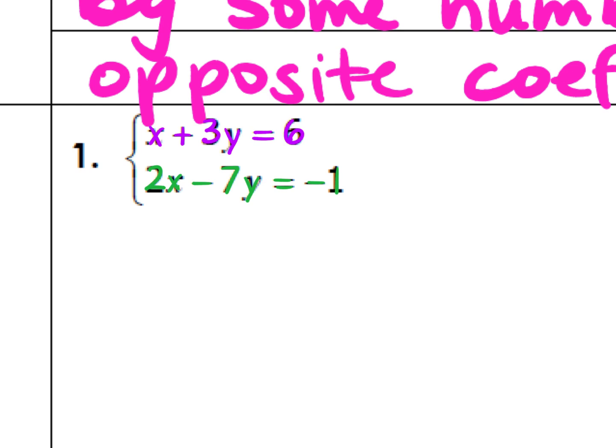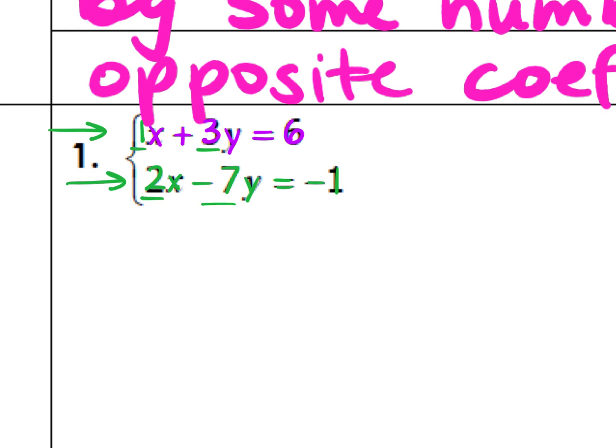Look at your coefficients. What is your coefficient for x in that purple equation? 1, right? There would be an imaginary 1 right there. What's your coefficient to the y? 3. Okay, so you have a coefficient of 1 and a coefficient of 3 in your first equation. What's the coefficient to x in the second equation? That's a 2, and the coefficient to y is a -7.